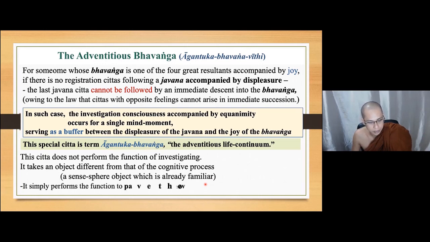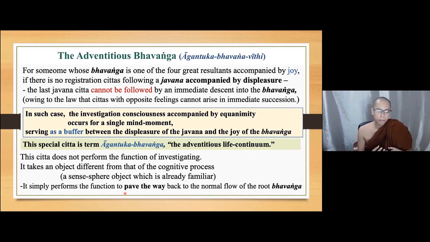After that, the normal root bhavanga comes. This is called the somanasa bhavanga, which will usually arise. So this adventitious bhavanga performs the function of paving the way back to the normal flow of the root bhavanga. As you know, if there is no cognitive process taking a specific object, the root bhavanga usually arises.